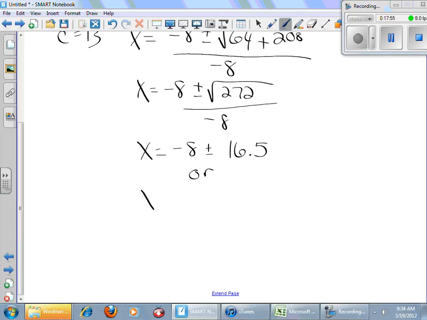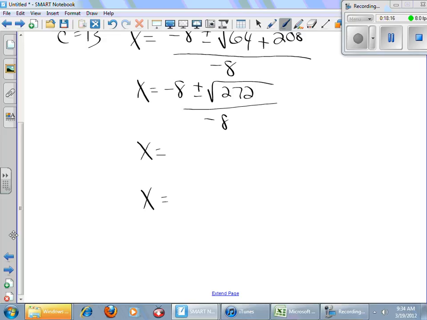And the other zero is going to occur at, oh, Mr. Lawrence, I made a silly mistake there. Actually, that's not going to be right. So let me go with negative 8 plus the square root of 272. And I'll divide that by negative 8.